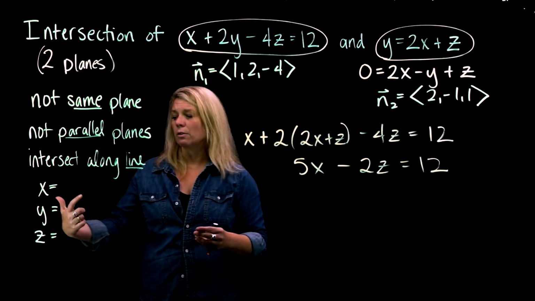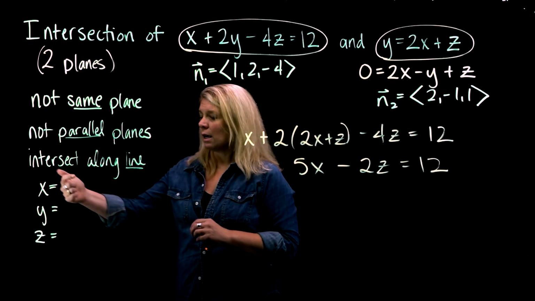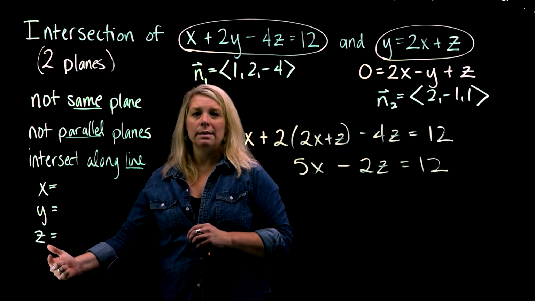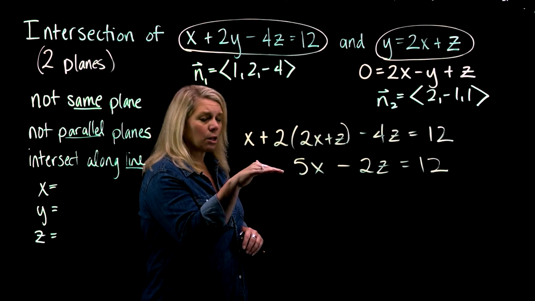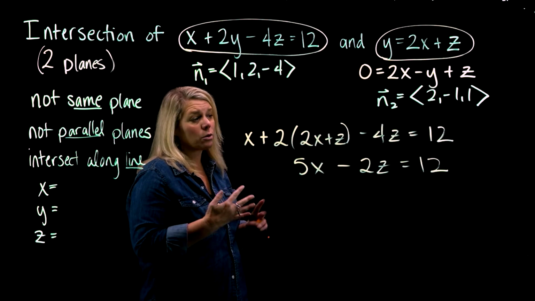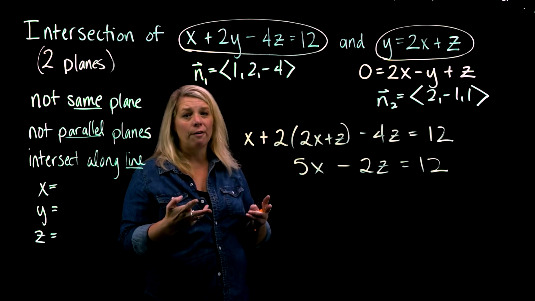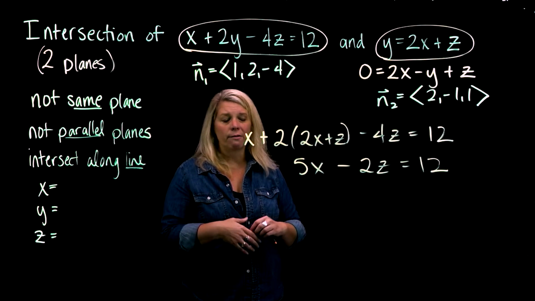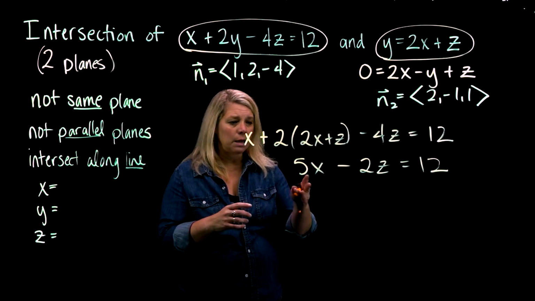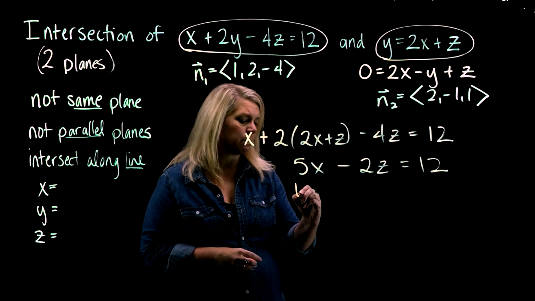But you could use something else too, like a, just maybe not x, y, z, since we have those representing something else. So at this point, I'm just going to choose one of my variables, x or z, to be that free variable t. I'm going to choose to let x be my free variable t, but it could be either one here. So I'm going to let x be t.